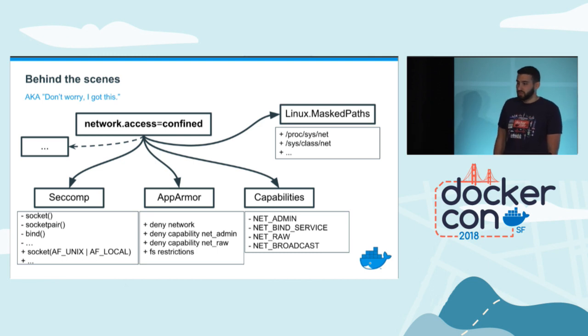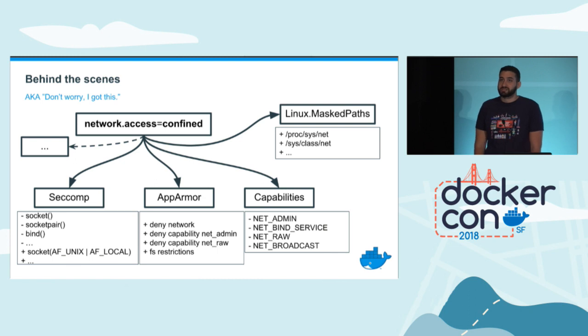So maybe Docker has a certain understanding of what it means to be confined on network access. Meanwhile, other platforms would understand it in a different way and would be able to translate it into their own container level settings that they are generating and using to run the container itself.